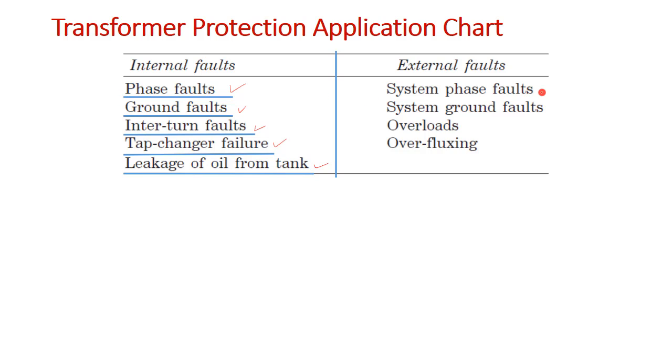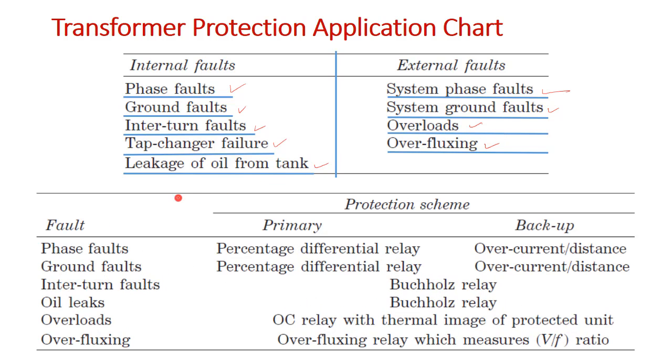Already we discussed those schemes in the previous classes. External faults consist of system phase faults, system ground faults, then the overloading condition and overfluxing. So all these aspects we have discussed, and how we can protect them. Here we can see the various protection schemes and the different types of faults.